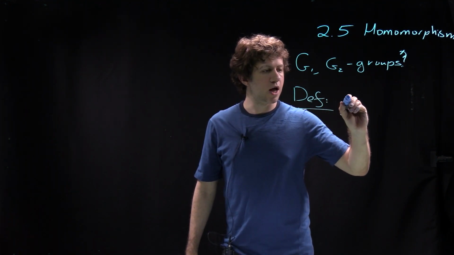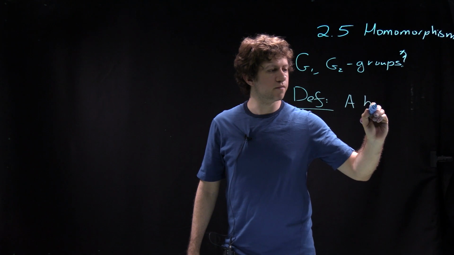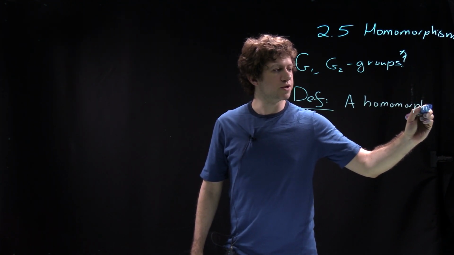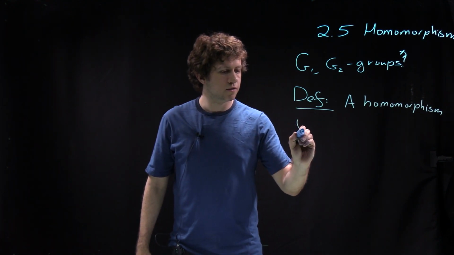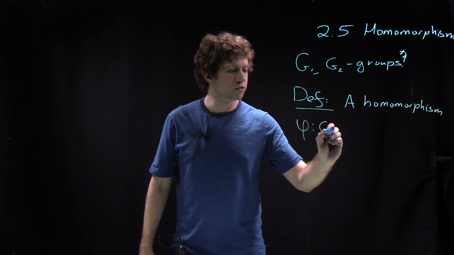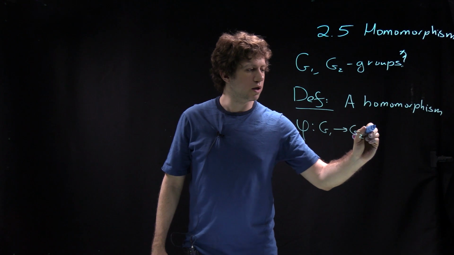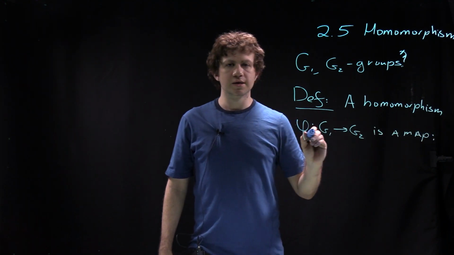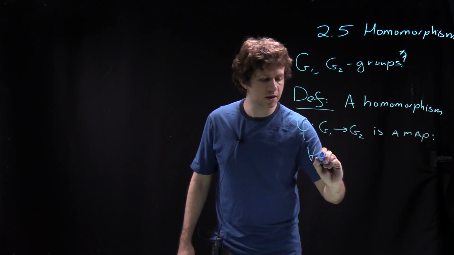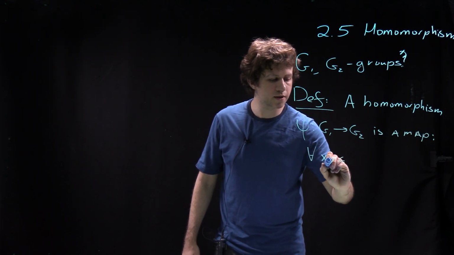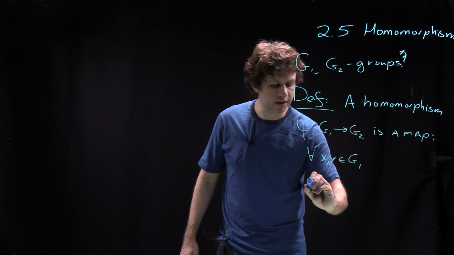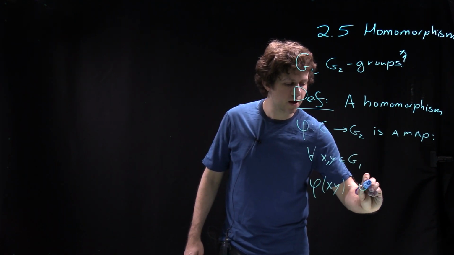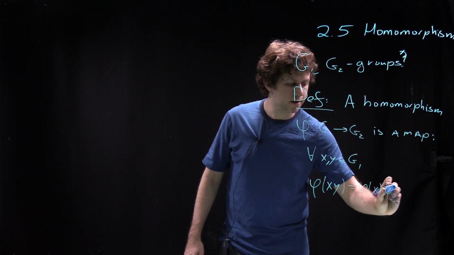A homomorphism phi from G1 to G2 is a map, so just a function, such that for every two elements x, y in G1, we have the following identity: phi of xy equals phi of x times phi of y.